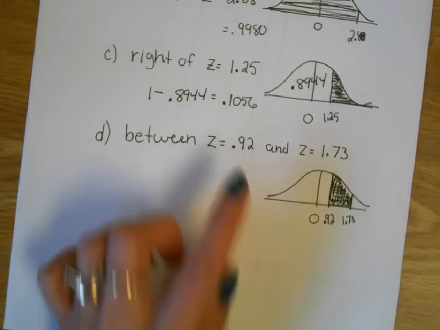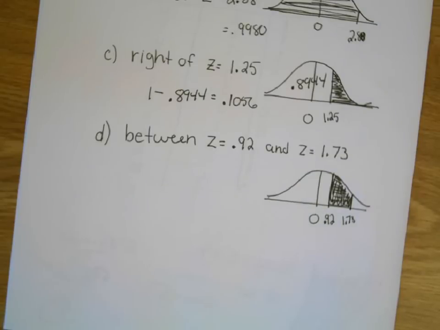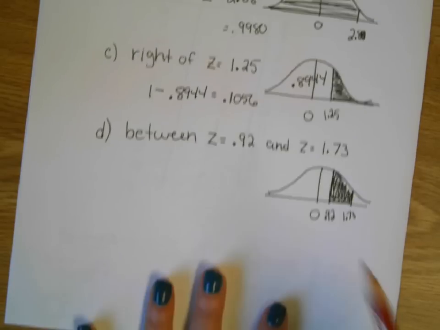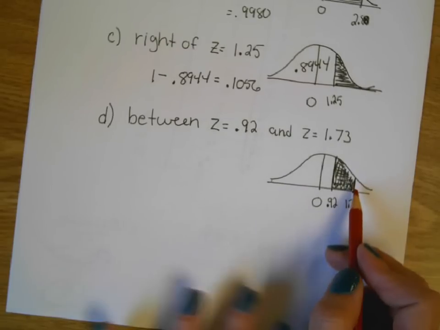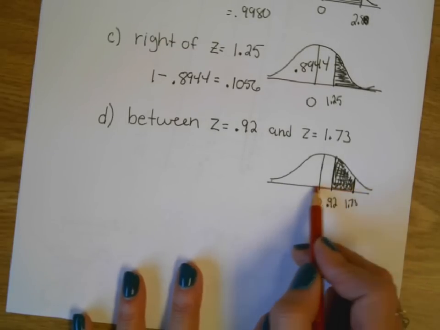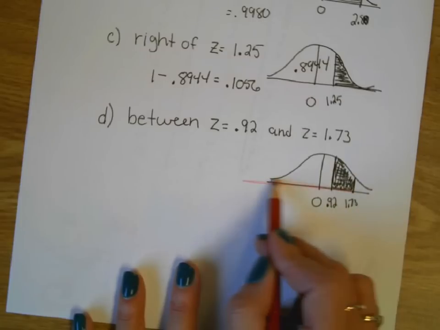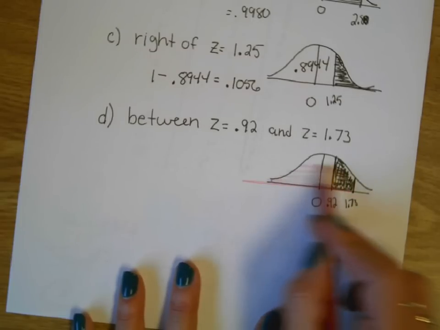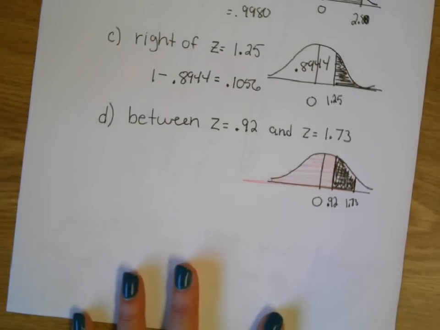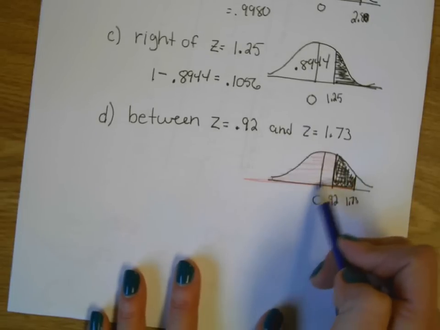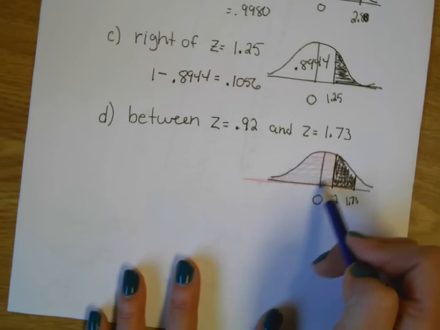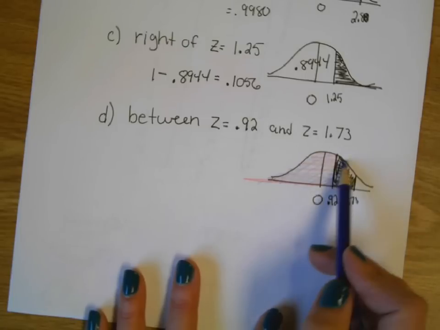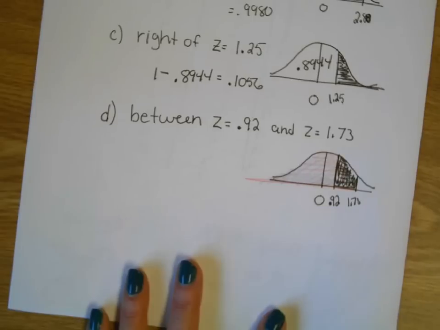Okay, so when we look up 1.73, it's going to give you the total area behind it, all of that. When you look up 0.92, it's going to give you the area behind that. So what do we have to do with those two numbers? Just subtract them and it'll leave you with the chunk right here.